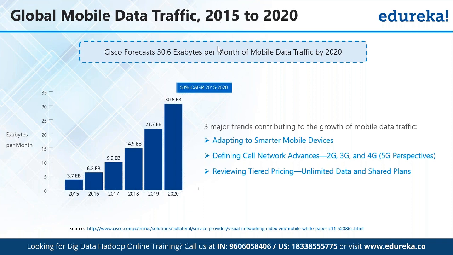So the global mobile traffic data, look at these numbers. It's huge numbers, exabytes. This is the size of data we're looking at. And also look at the steep curve from 2015 to 2020, how mobile data traffic is expected to grow. These are staggering numbers, and that's where we were talking about huge data growth.